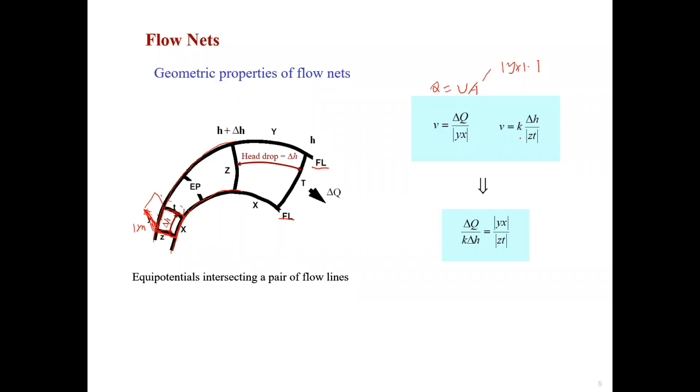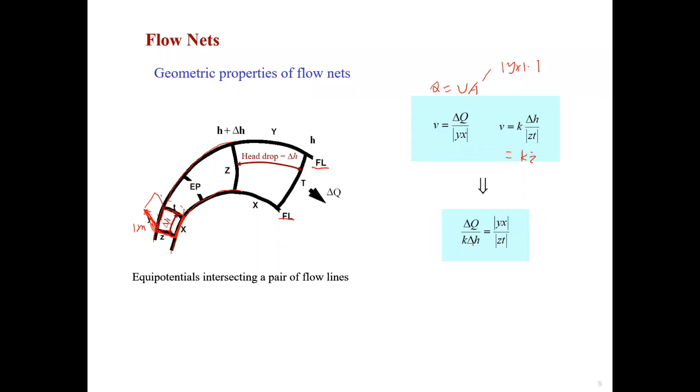And also from Darcy's law, we know v equals k times i, and i also equals Δh divided by Δl. In this case, Δl is ZT, the length along the head drop.